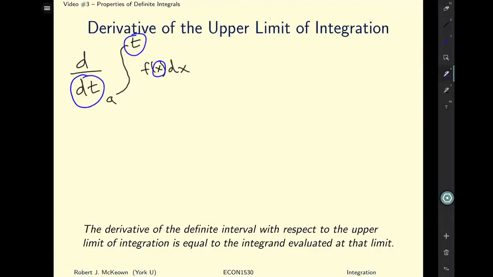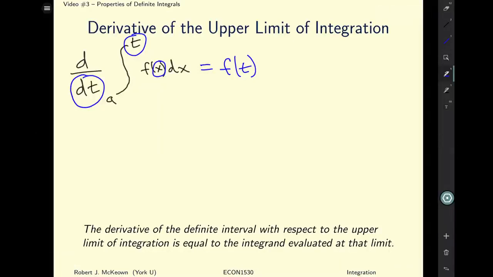If you remember before, the derivative of the integral gave us, they just sort of canceled each other out. And here something very similar is going to happen. This is going to be equal to just f of t.